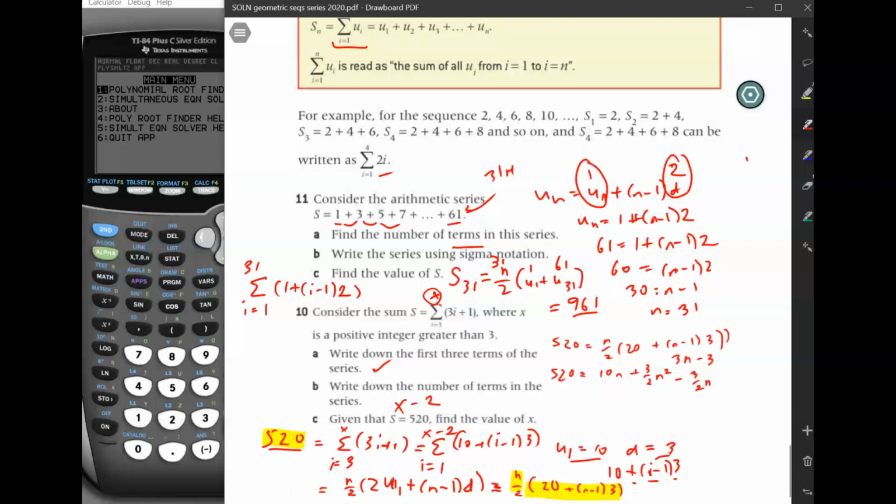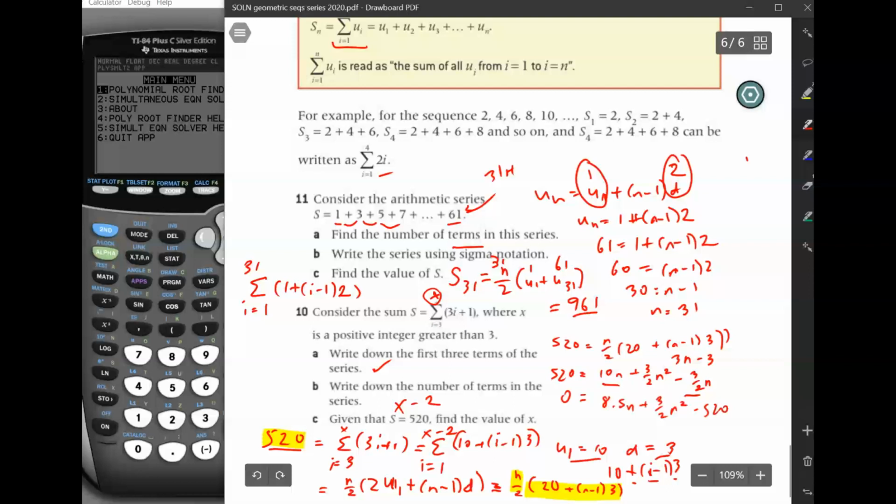Okay? And then I'm going to subtract 520 from both sides so that I get 0 on one side so that I can actually solve the quadratic. Here I have 10n minus 3/2 n, and that gives me 10 minus 1.5, which would be 8.5 n plus 3/2 n squared minus 520.